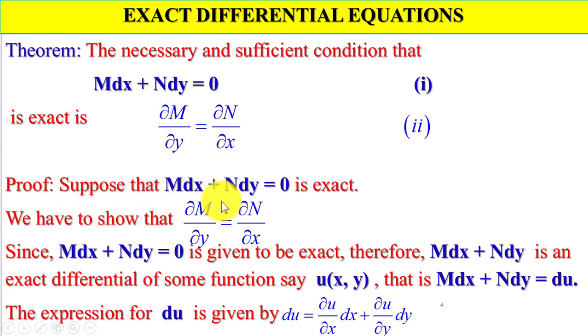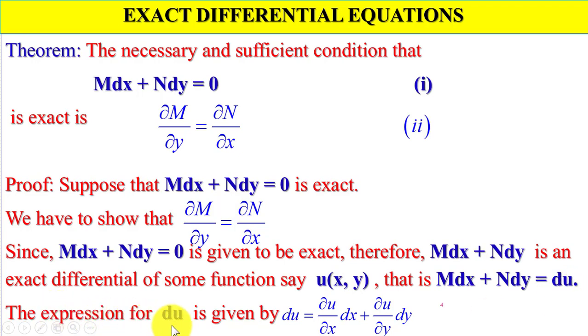Suppose that M dx plus N dy is equal to 0 is exact, then we have to show that del M by del y is equal to del N by del x. Since M dx plus N dy is equal to 0 is given to be exact, therefore, M dx plus N dy is an exact differential of some function, say u(x, y), that is M dx plus N dy is equal to du.